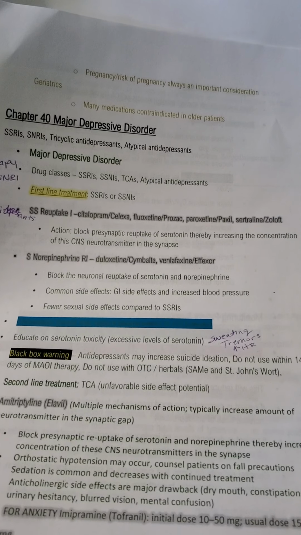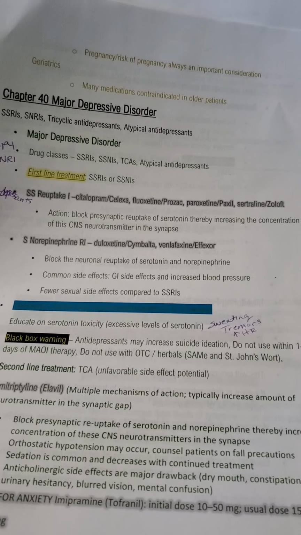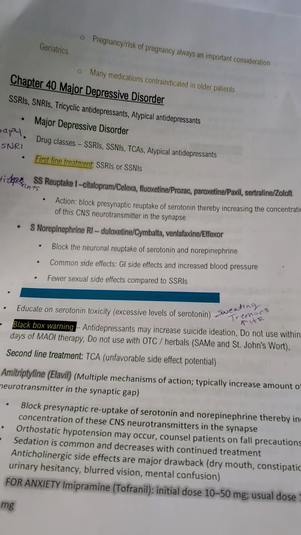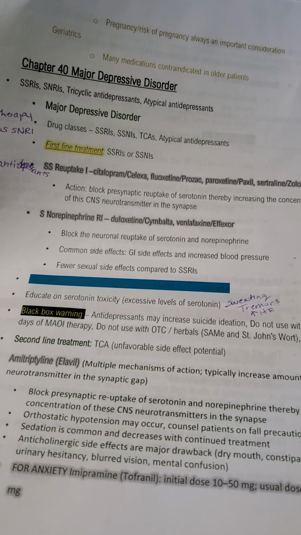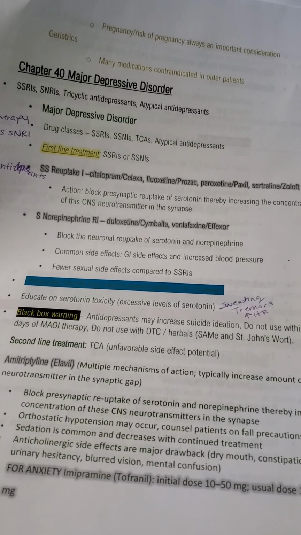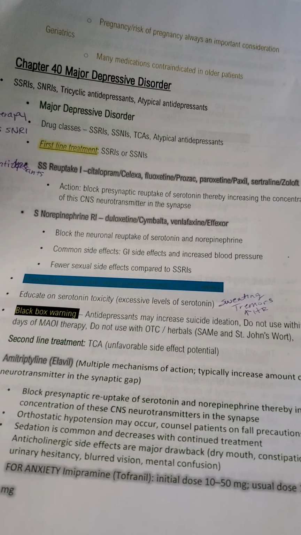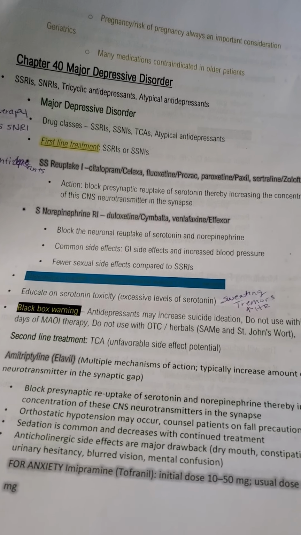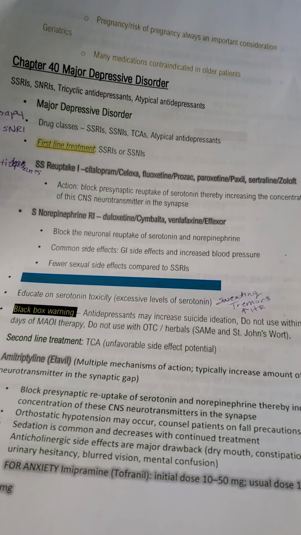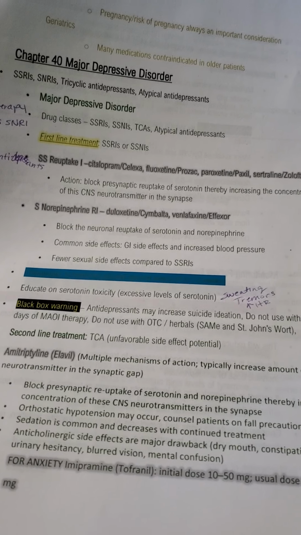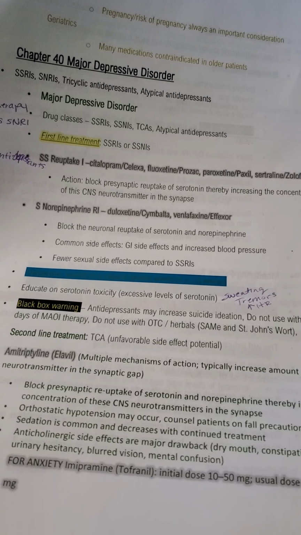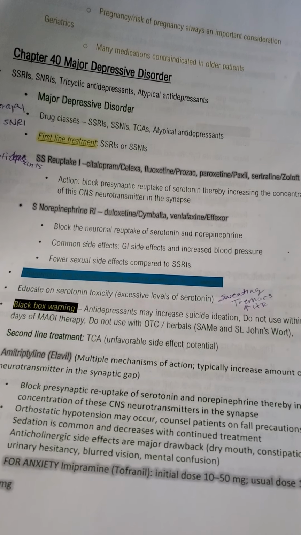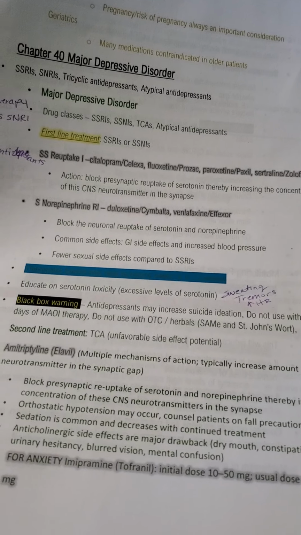First line treatment is the SSRI or SNRI. The SSRIs are the selective serotonin reuptake inhibitors: citalopram, fluoxetine, paroxetine, sertraline. That's Celexa, Prozac, Paxil, and Zoloft.